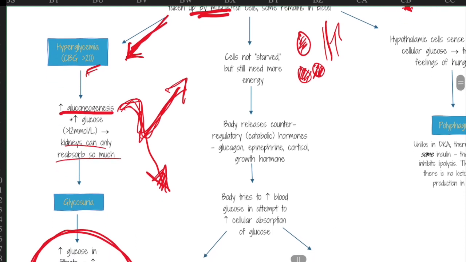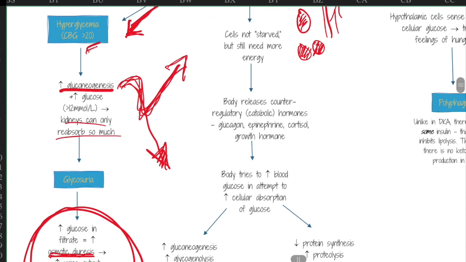And so it starts to release those counter-regulatory hormones. Counter-regulatory because they work against insulin. Again, check back in the other video if that's confusing to you. So it's going to release those lovely things as glucagon, epinephrine, cortisol, and growth hormone.